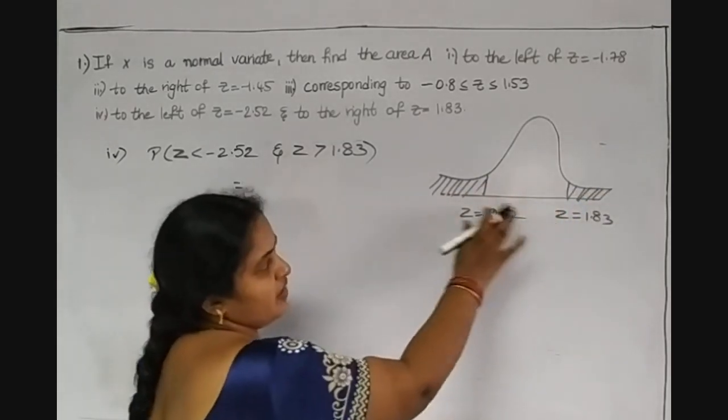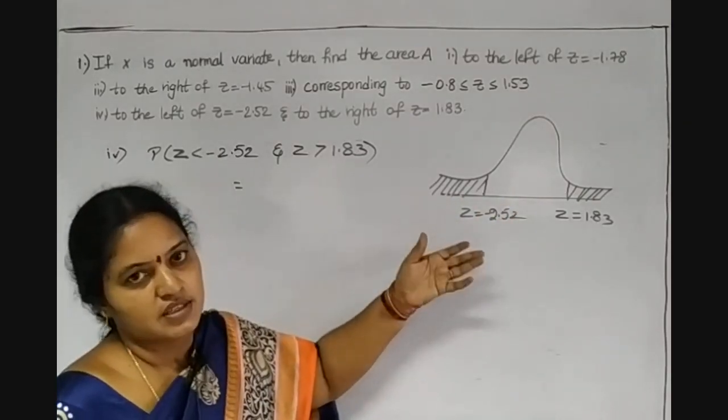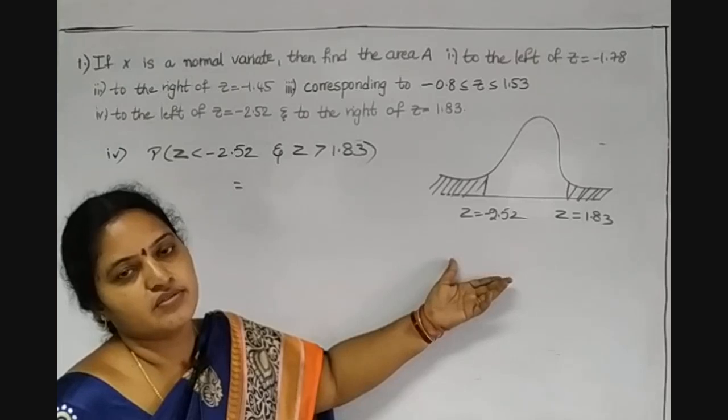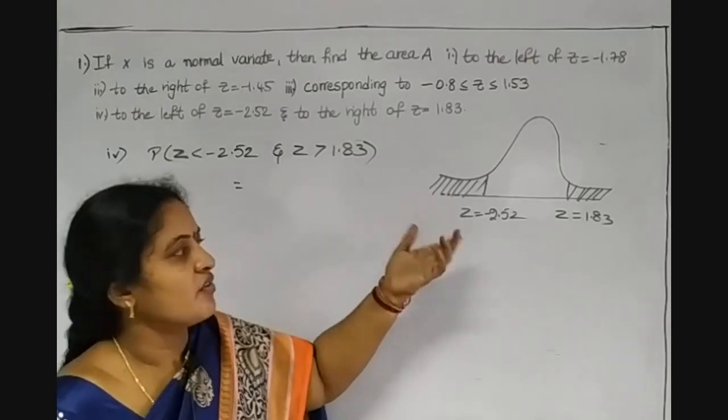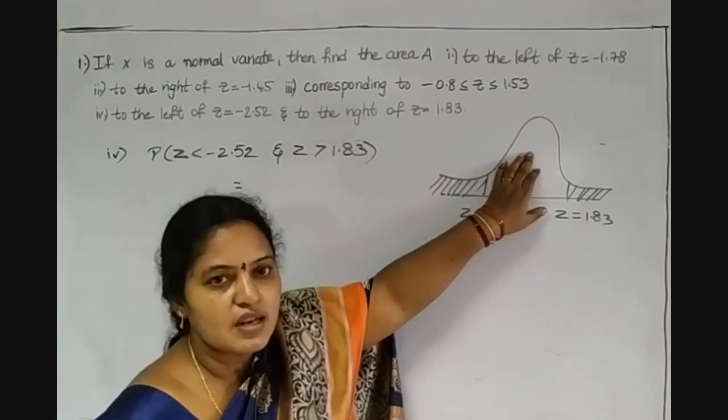That means this is the shaded region which we have to find out. For finding this shaded region, we know that the total area of the curve is equal to 1. So 1 minus, this between area we have to subtract.